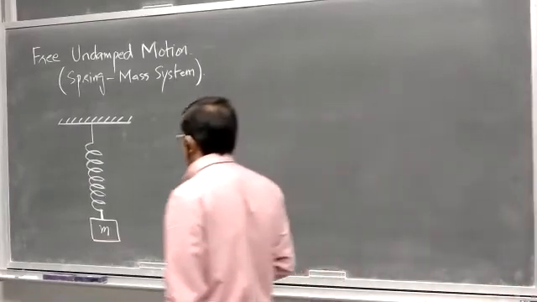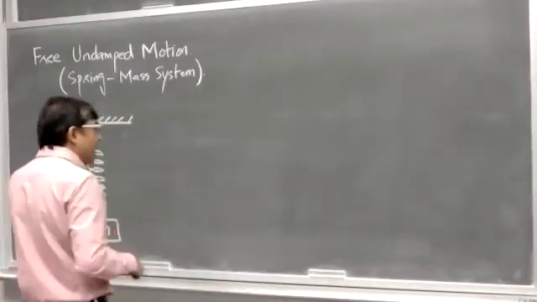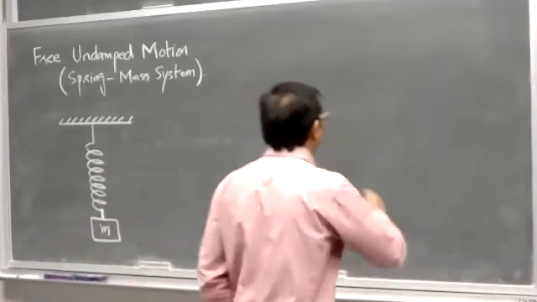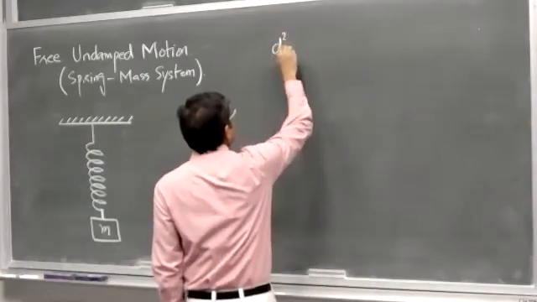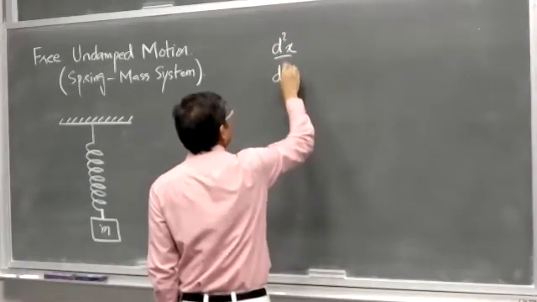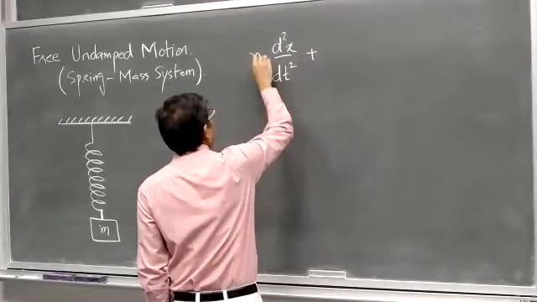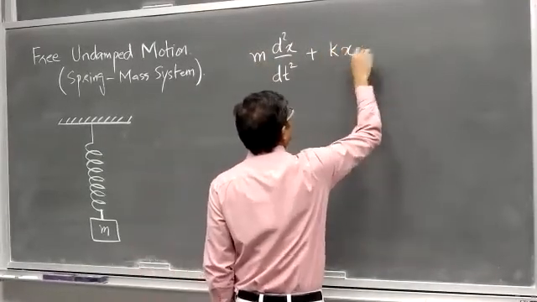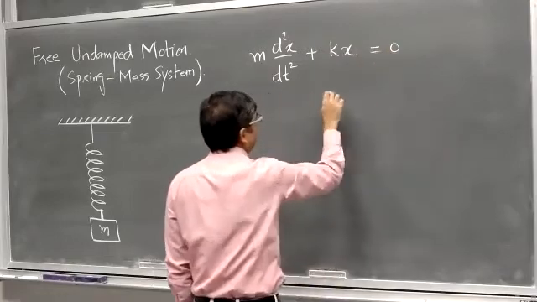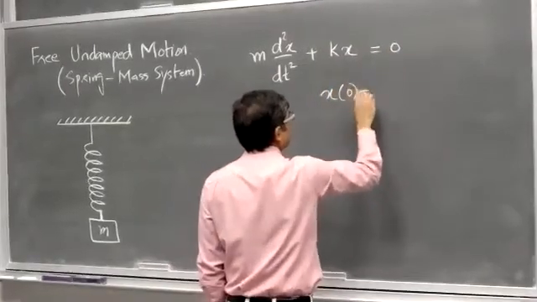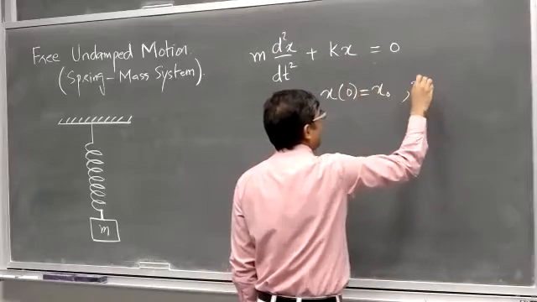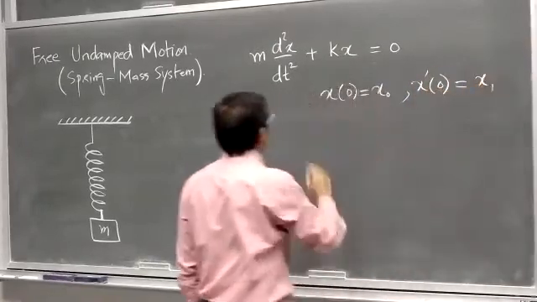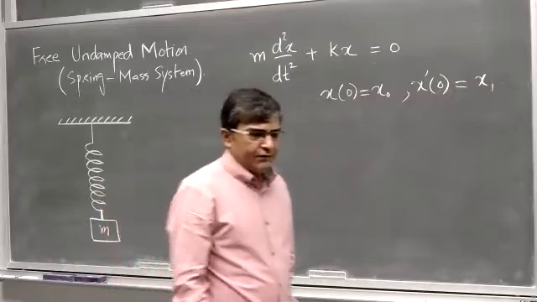The differential equation we derived to describe this motion was d square x by dt square plus k by m times x is equal to 0, subject to the conditions x of 0 is equal to x naught and x dash of 0 is equal to x1. This was the model we derived in the previous lecture.